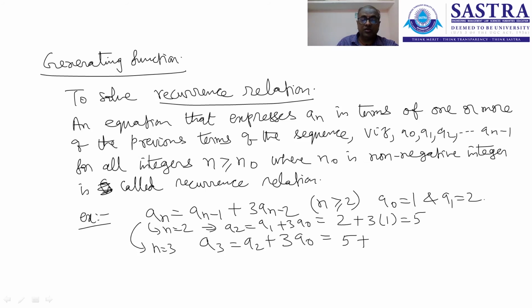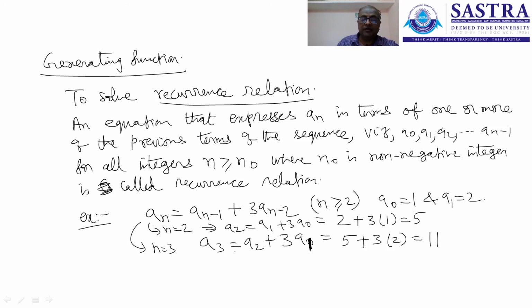When I substitute n is equal to 3, I will have a3 is equal to a2 plus 3 a1. a2 is 5 and a1 is 2, 3 into 2, this would give you 11.